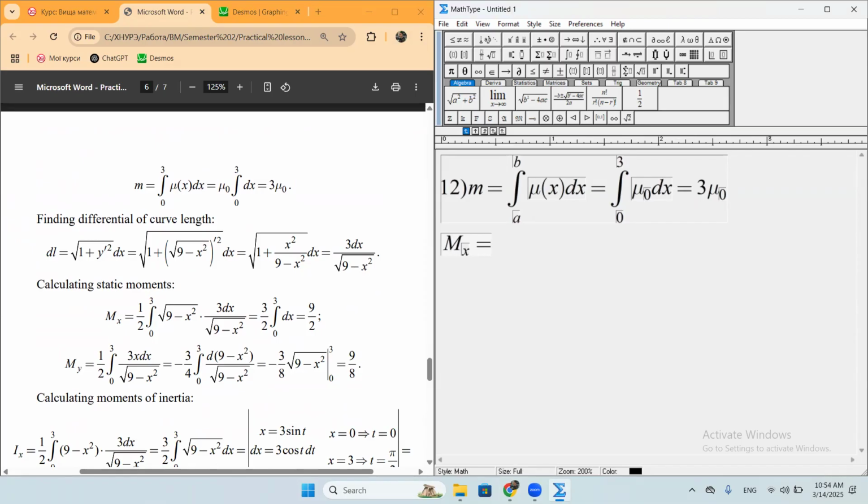Let me also check myself if everything is correct. Yeah, so calculations are correct. So the following integrals: from a to b, y dl.